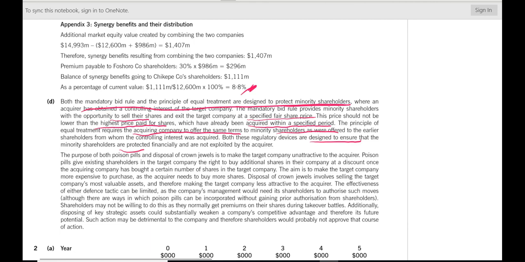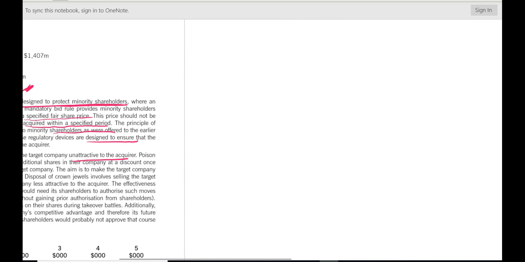Okay, now we are going to discuss poison pill and crown jewel. The purpose of poison pill and crown jewel is to make the target company unattractive for the acquirer. What is a poison pill? This is the target company and you are the predator.